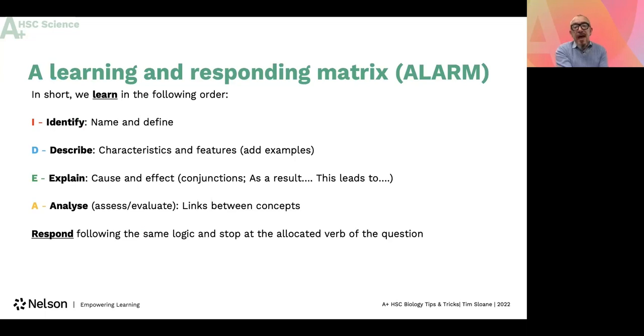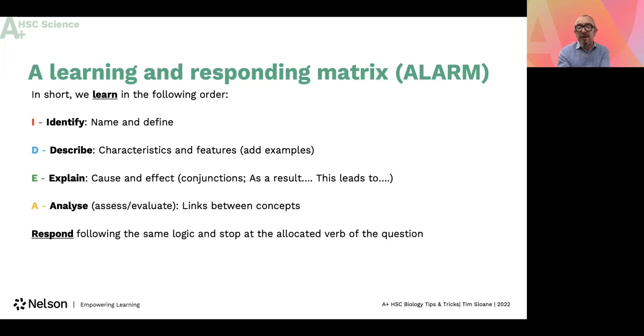Now, the second acronym that I mentioned was ALARM. ALARM is the overarching term for a learning and responding matrix, hence the acronym. But more importantly, the concept is as follows. As humans, no matter what the field is, we learn in a chronological order. Before you can give an in-depth explanation or analysis of a concept, you first need to identify what that concept is.